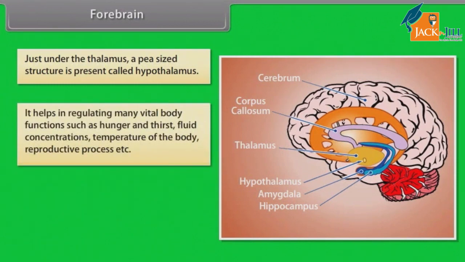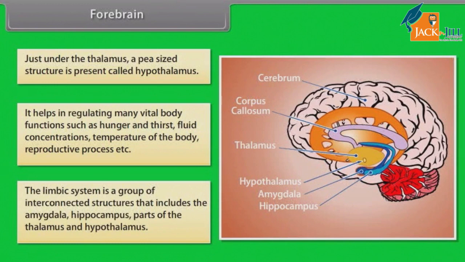It helps in regulating many vital body functions such as hunger and thirst, fluid concentrations, temperature of the body, reproductive process, etc. The limbic system is a group of interconnected structures that includes the amygdala, hippocampus, and parts of the thalamus and hypothalamus.